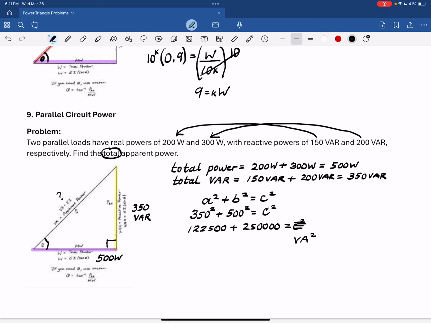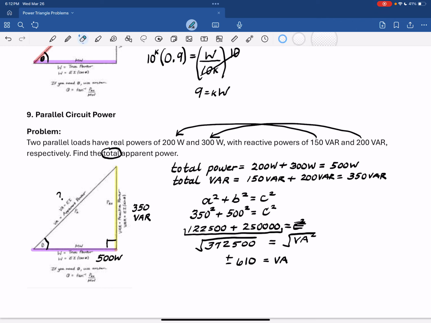So I need to add these two very large numbers together to get 372,500, and that's equal to apparent squared. So take the square root of both sides, and that is plus or minus 610 VA, approximately.